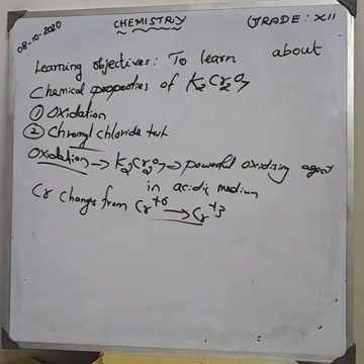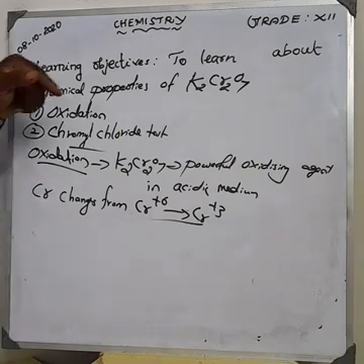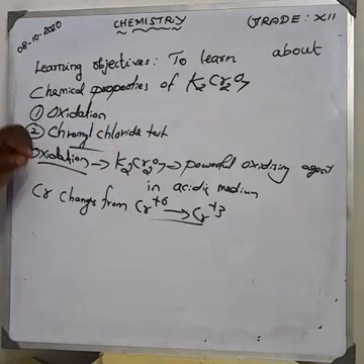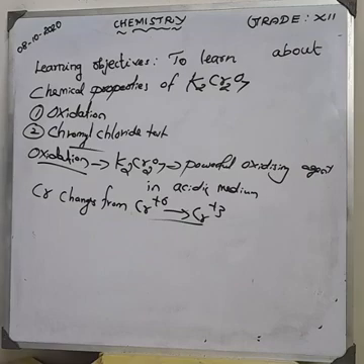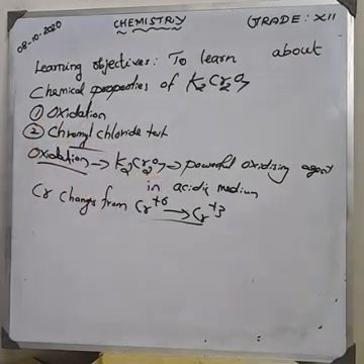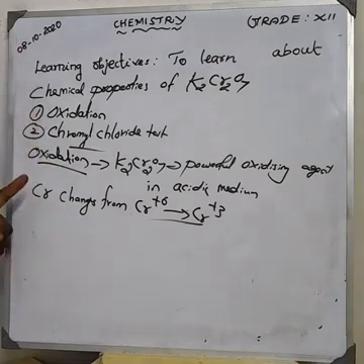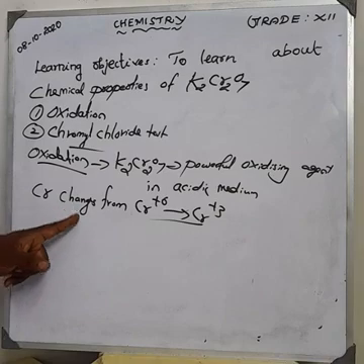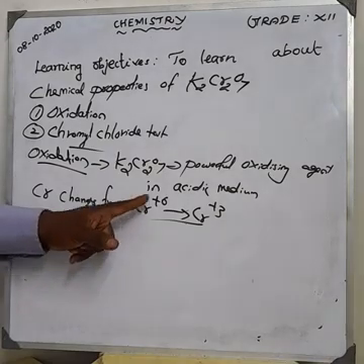Potassium dichromate is a powerful oxidizing agent in acidic medium. Its oxidizing action is in the presence of H plus ions, that is, in acid medium, maybe we are adding sulfuric acid. In H plus ions, we can notice the oxidation state of chromium changes from plus 6 to plus 3.